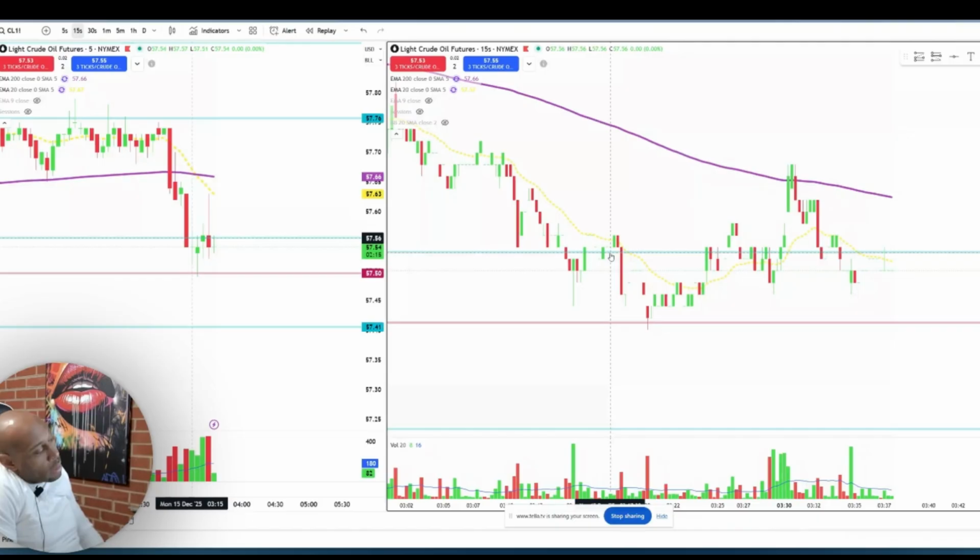So maybe it stays between a range of two, three, four, $5, whatever it may be, for a certain amount of time, and it goes back and forth, a little bit above, a little bit below, and then eventually it might break out of that. But I tend to like the way crude moves, and it tends, for me, to be not as fast as the Nasdaq, and to respect levels a little bit more. I don't know. Maybe it's just the way I see it.